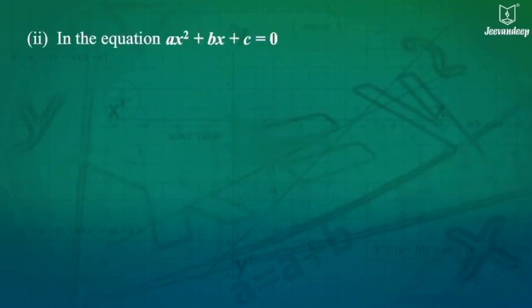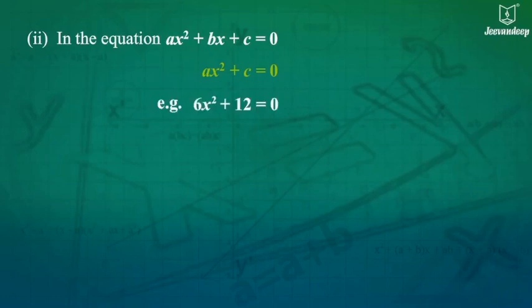In the equation ax square plus bx plus c equals 0, if b equals 0, then the equation becomes ax square plus c equals 0, which is also a quadratic equation.